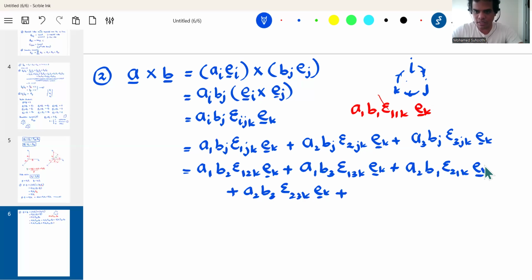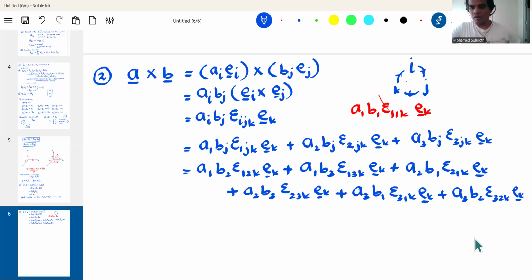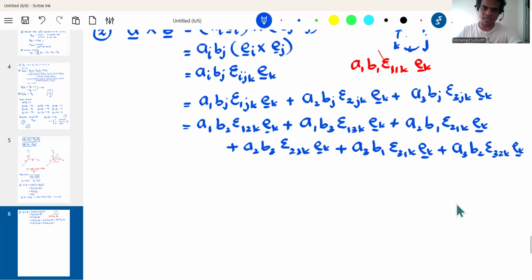Then go to the third term: A3 B1 epsilon_31k e_k plus A3 B2 epsilon_32k e_k. For A3 B3 epsilon_33k, 3 3 is 0, therefore I have not considered that term.